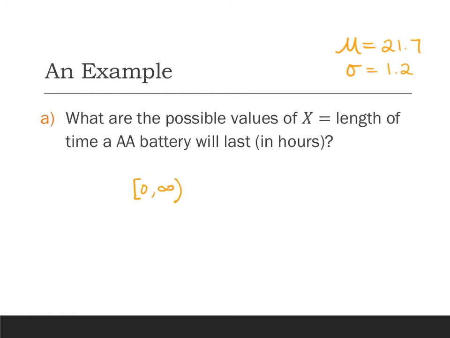Now, with a mean of 21.7 hours, I think it's very reasonable to look at, remember, 99.7% of our data is within 3 standard deviations. So if we go 3 standard deviations up, or even 4, that would be adding 4.8, which would be 26 point something.